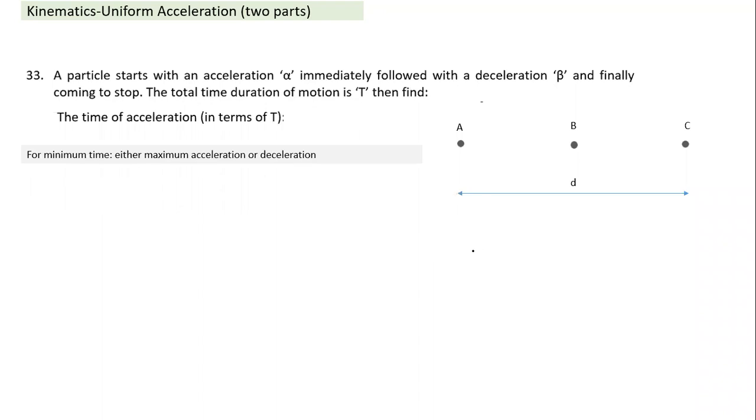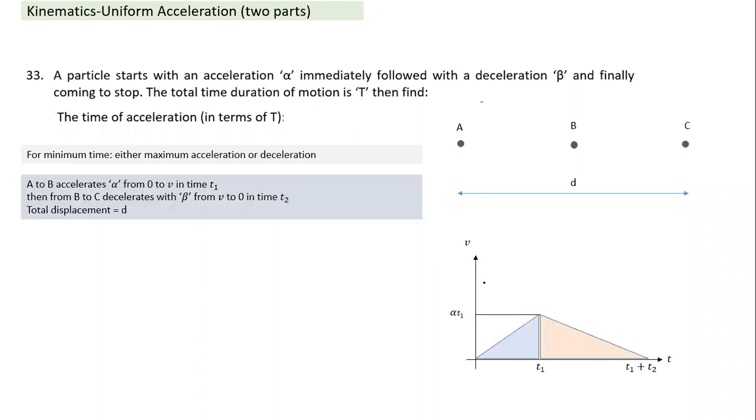Here also the graph becomes similar. The only difference is that this slope will be equal to alpha in magnitude, which is positive, and this slope is negative, but its magnitude will be beta.